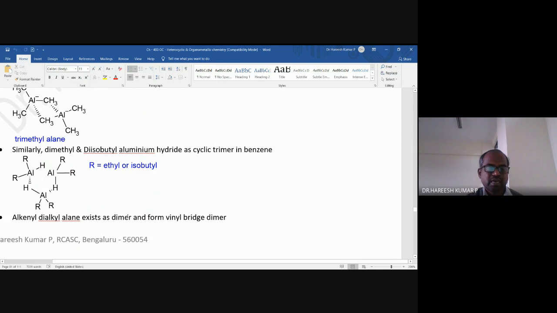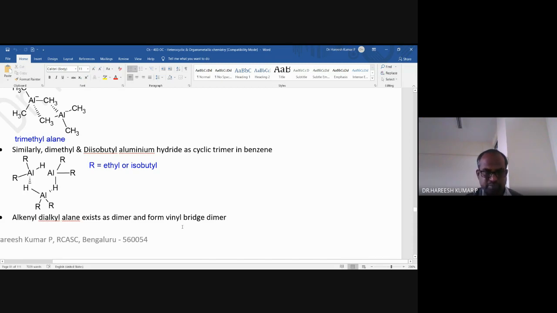Aluminum is bonded with an alkynyl carbon, and also bonded with two alkyl groups. Such compounds are called alkynyl dialkyl alane. It's a dimer and it forms a vinyl bridge dimer.